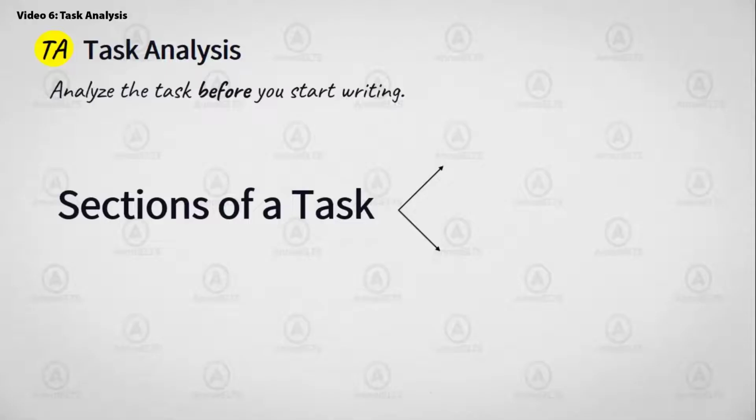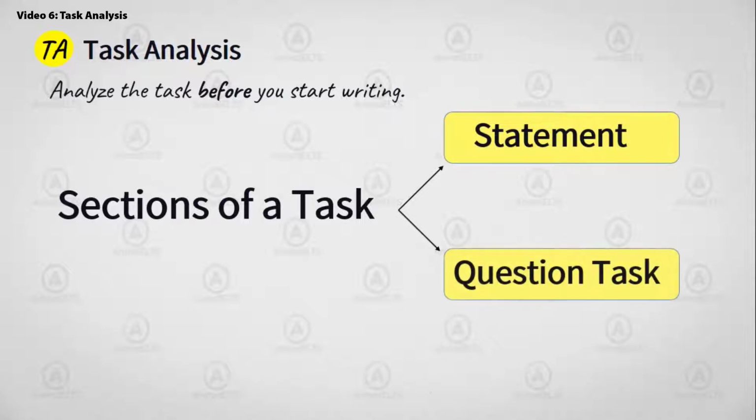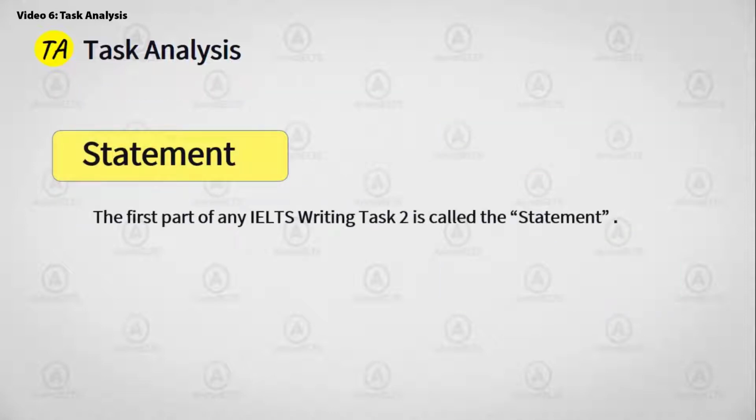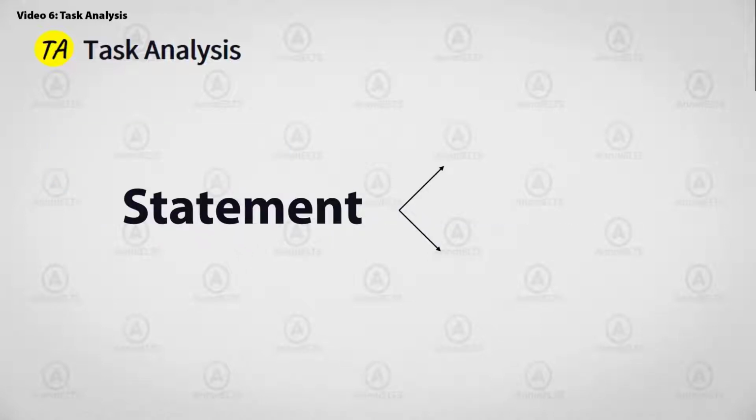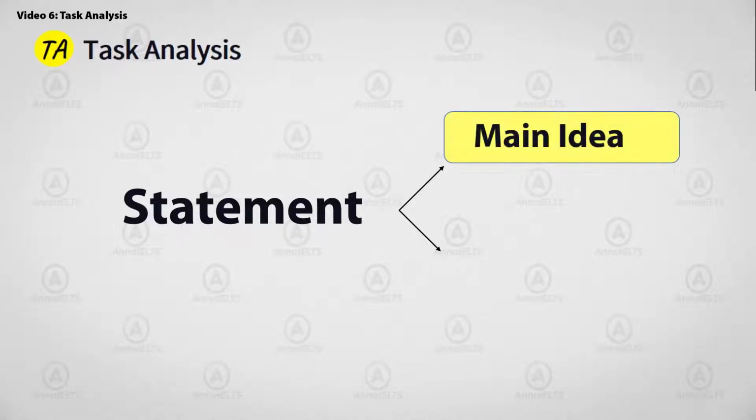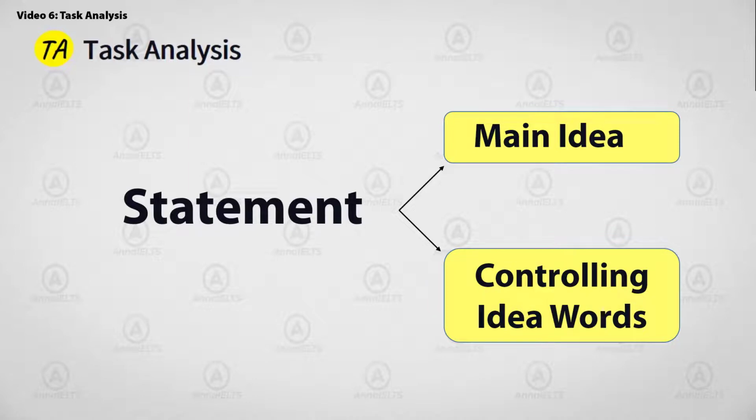If you remember, any IELTS writing task 2 includes two parts: statement, question task. Statement. The first part of any IELTS writing task 2 is called the statement, which includes two main factors: main idea and controlling idea words.